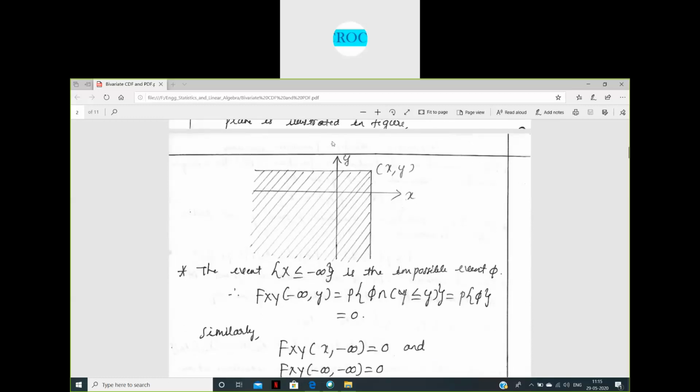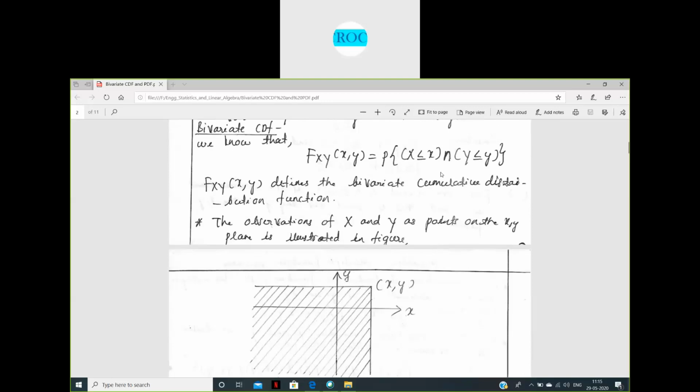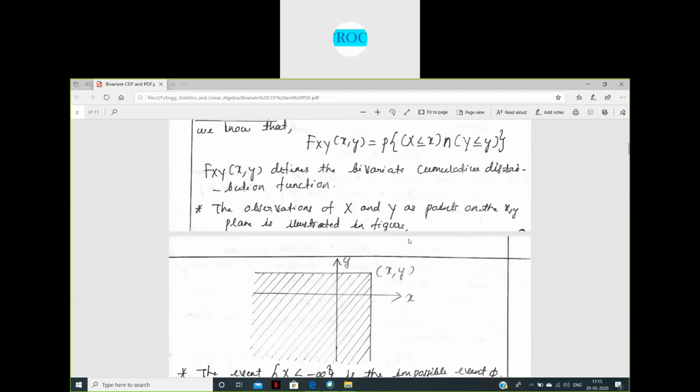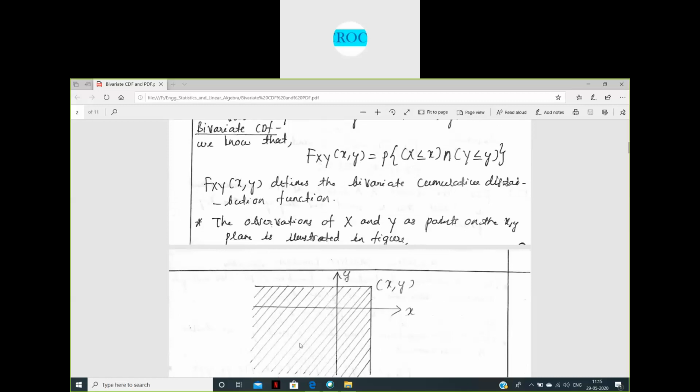The shaded region that you see is nothing but the probability for X less than or equal to x, intersection Y less than or equal to y. This diagram represents this event.